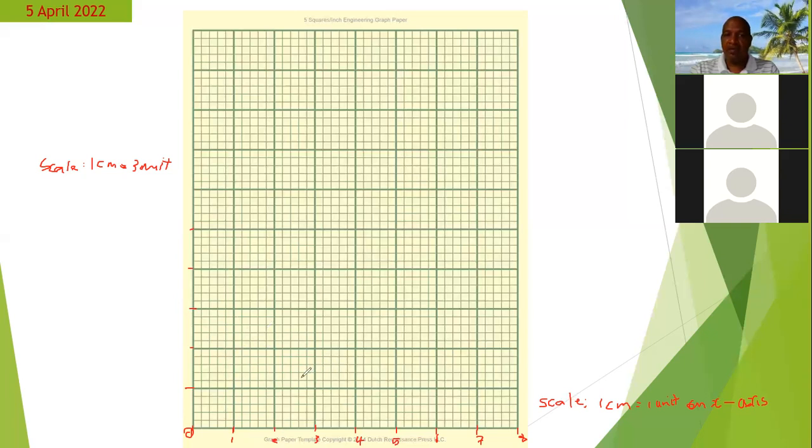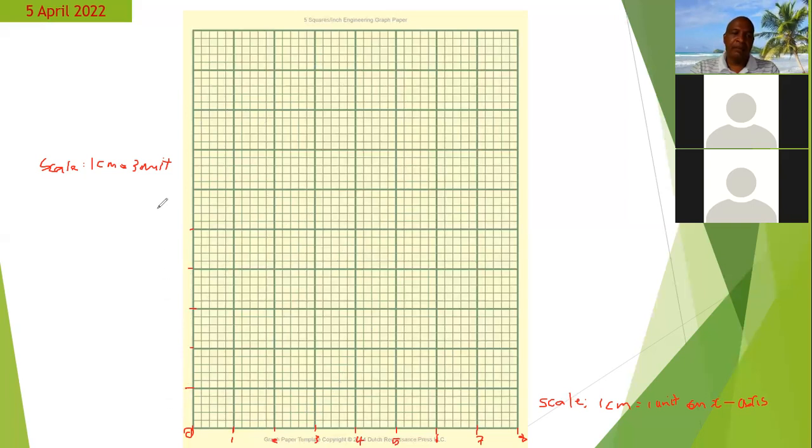Please, students, don't do that. Make use of the entire size of your graph paper and make your scale large enough so that your diagram can be as large as possible. And that's what you're expected to do when you're selecting your scale. Make your scale large enough so that you can have a clear visual of what you're drawing.